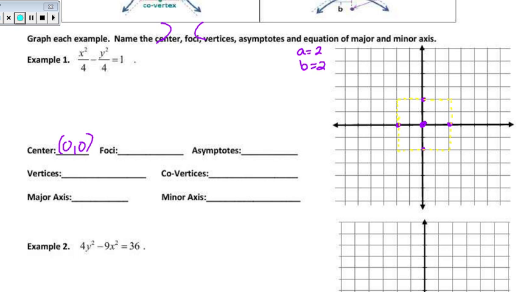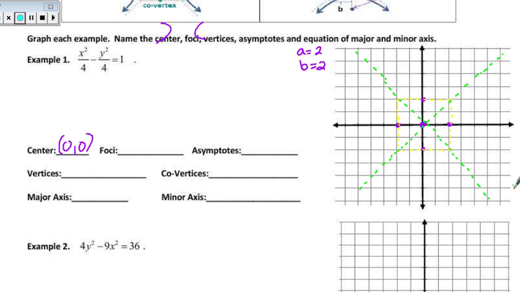Once I have that, I want to figure out the line, I'm going to do this in green here, that's passing through these points, and again the other one going this way. That's going to help us get the shape of our hyperbola. We're calling these asymptotes. We're not going to touch them. The hyperbola is basically going to hug around them.